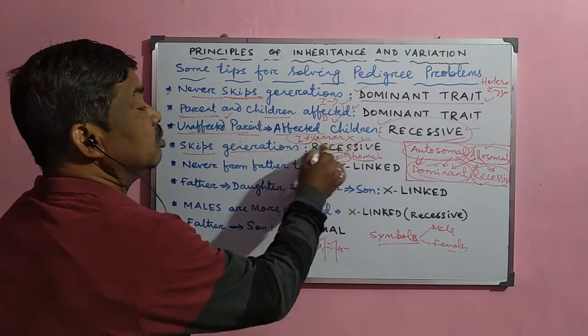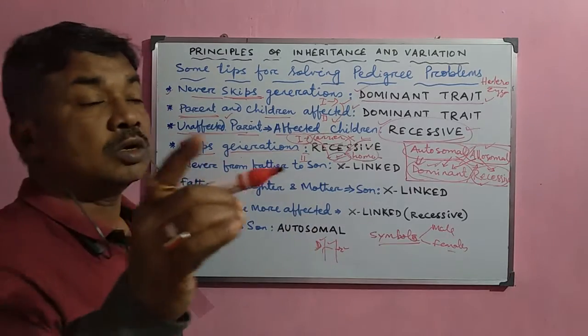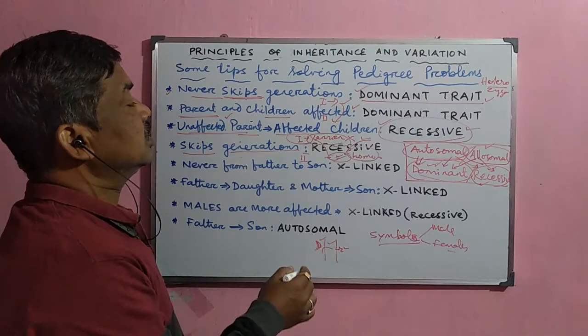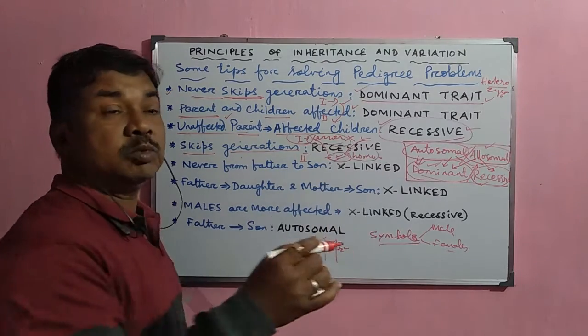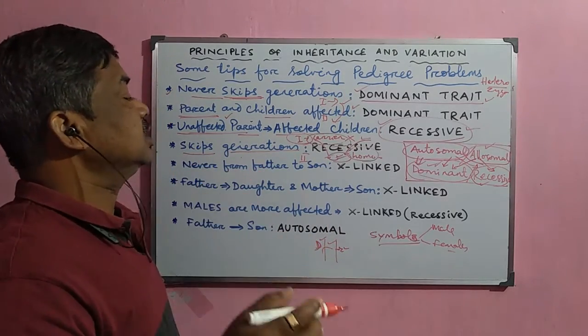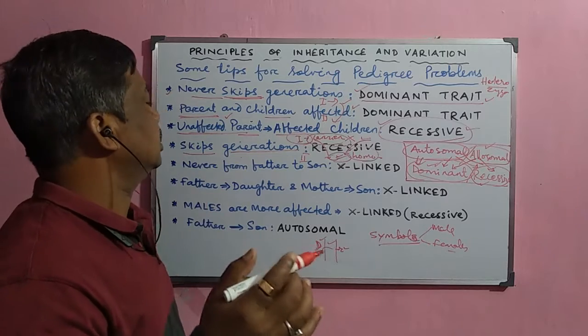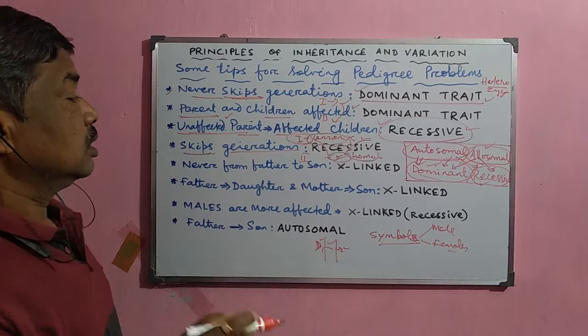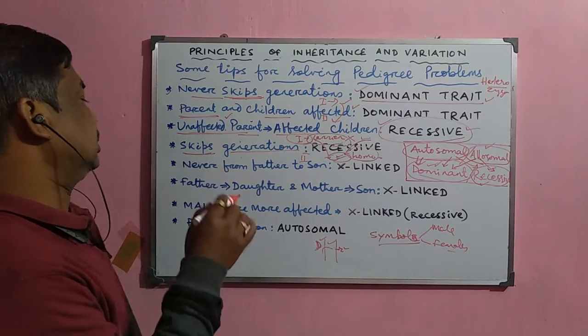So in the first generation there is no affected person, but in the second generation there are affected persons. In the next generation there may be no affected children, and in the following generation you will find them again. So it skips the generation. And normally in case of X-linked traits, what happens?